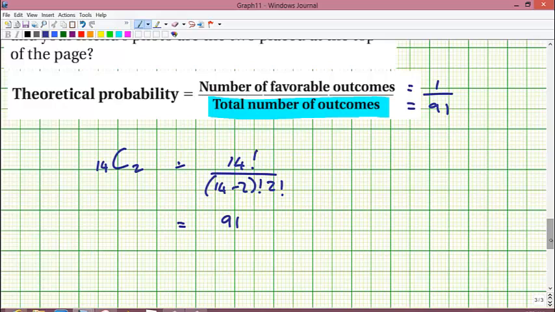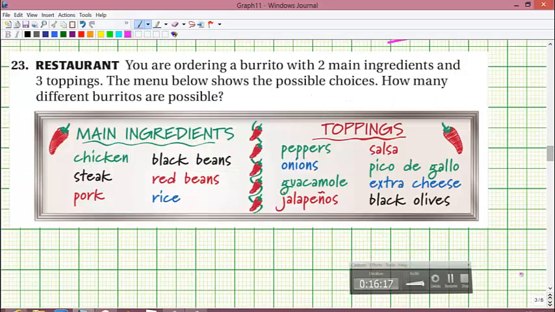All right? So what I'd like you to do is to work on the problems on page 859. There are problems there 23 through 26, so I'm going to include them below. Okay, there's question 23.